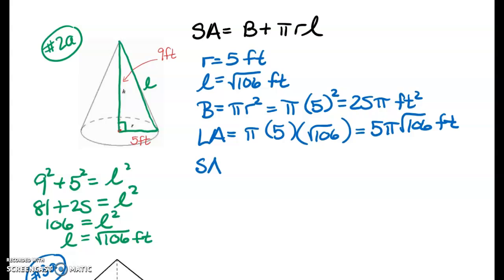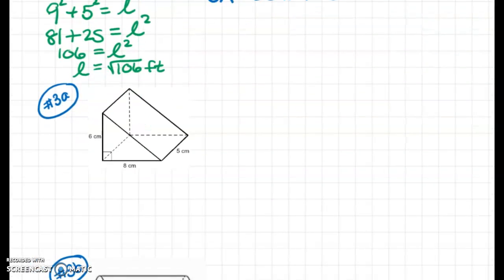And now I know that my total surface area is my base, which is 25 pi, plus my lateral area, which is 5 pi radical 106, and that's going to be feet squared, and they are not like terms, so we are done.